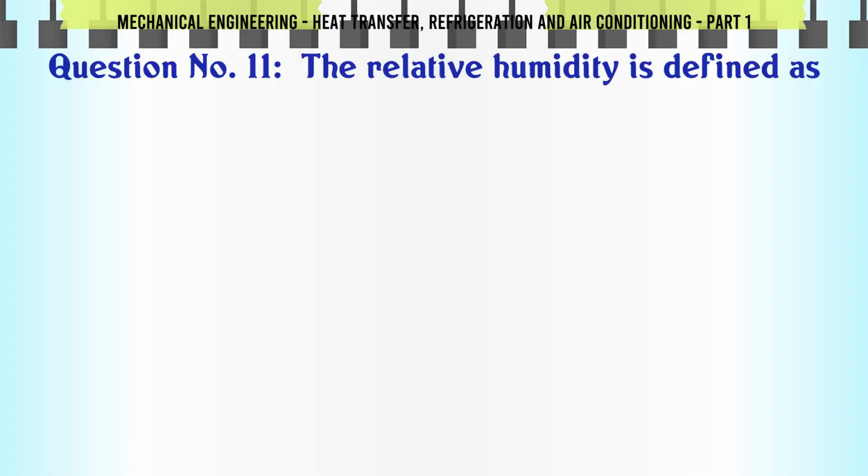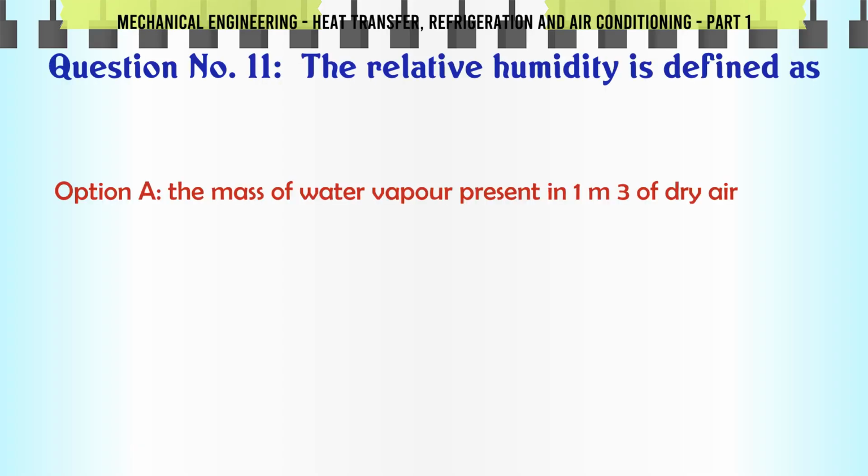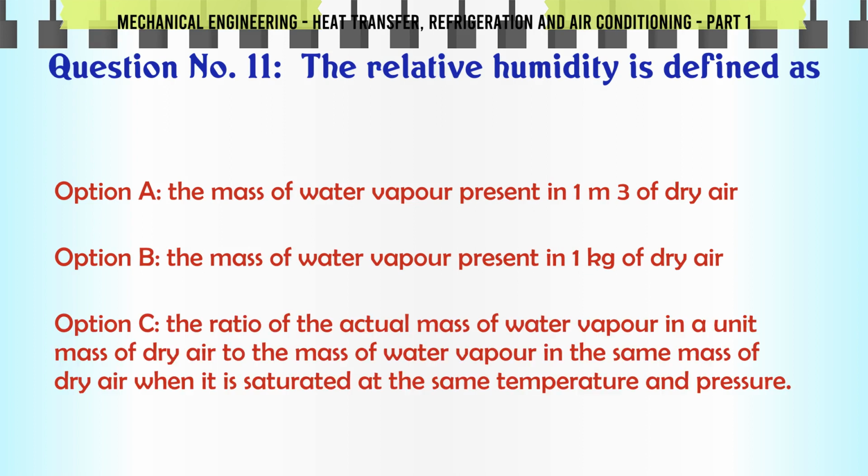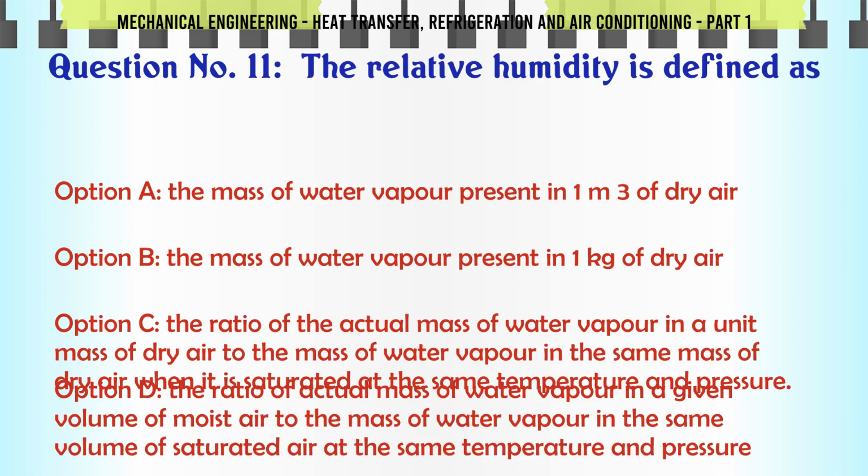The relative humidity is defined as A. The mass of water vapor present in 1 m3 of dry air. B. The mass of water vapor present in 1 kg of dry air. C. The ratio of the actual mass of water vapor in a unit mass of dry air to the mass of water vapor in the same mass of dry air when it is saturated at the same temperature and pressure.